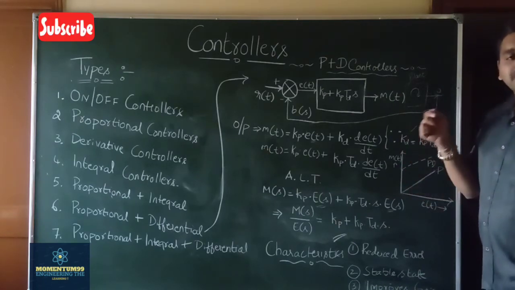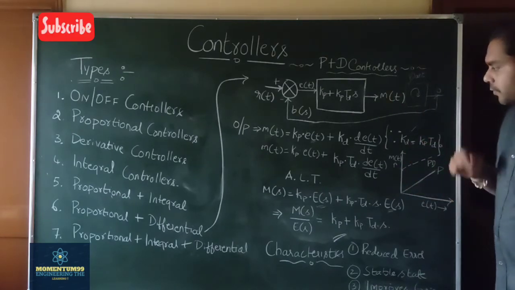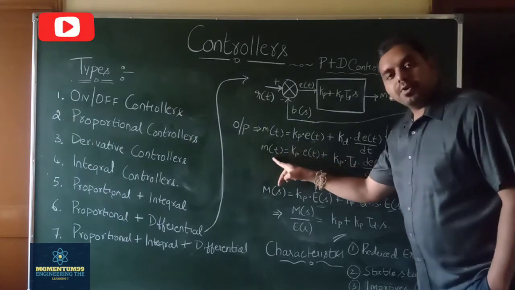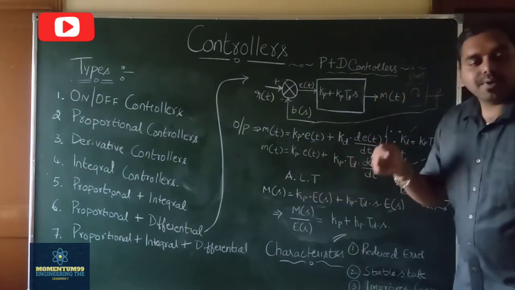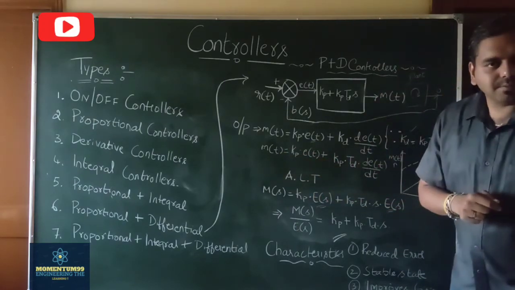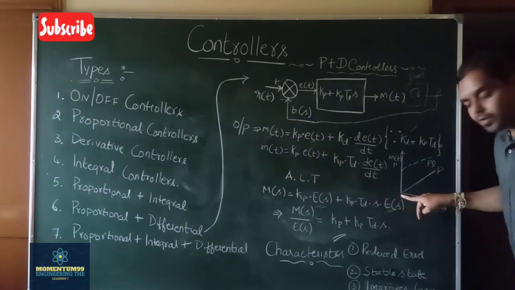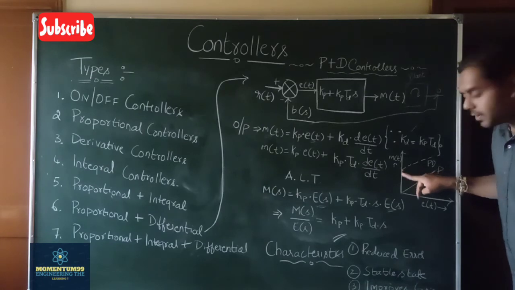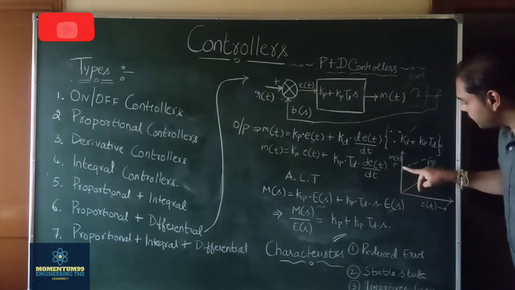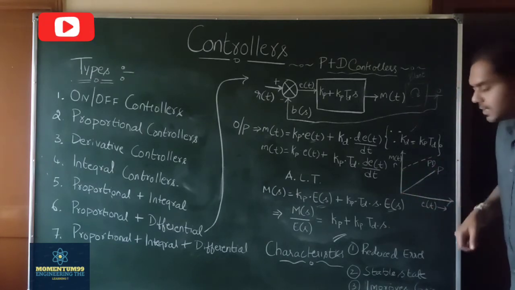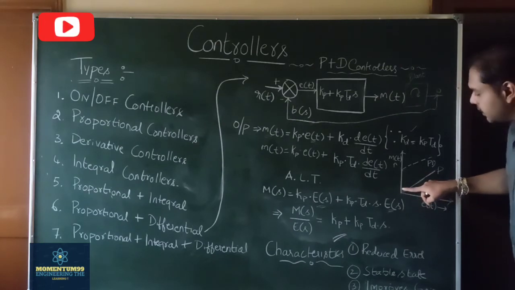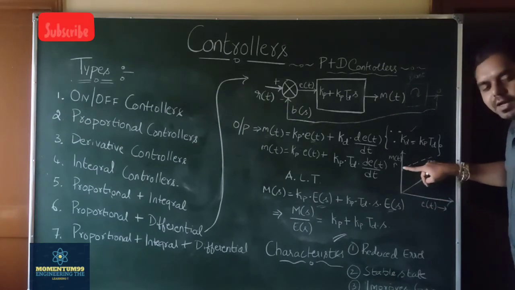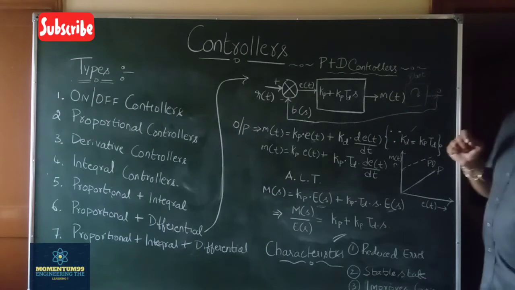In the case of the differential or derivative controller, the manipulated output is proportional to the time derivative of the input error signal. When the input error signal is 0, we will still get some magnitude of manipulated signal as output. Hence our graph does not start from the origin; it starts at a certain point of the output and moves linearly with respect to the input fed to the system.